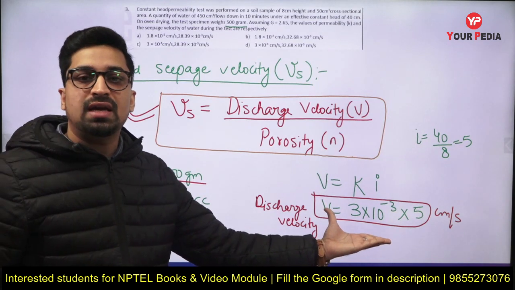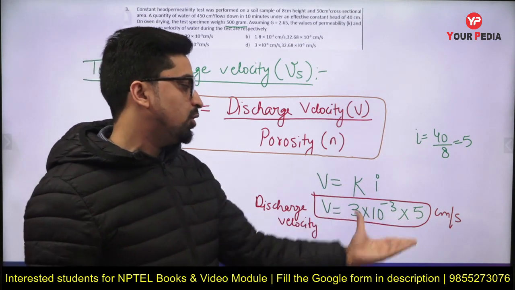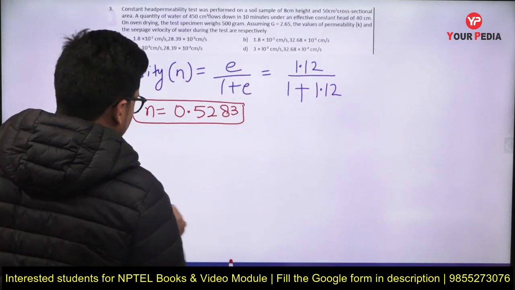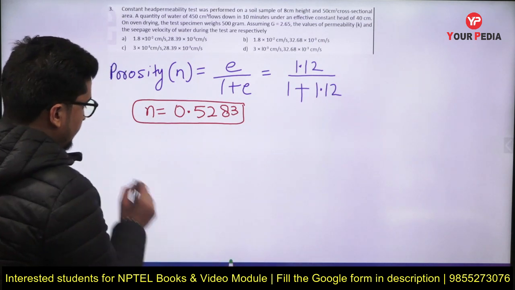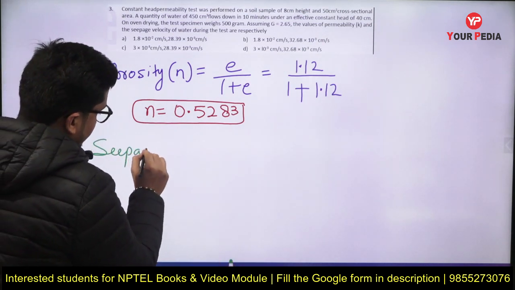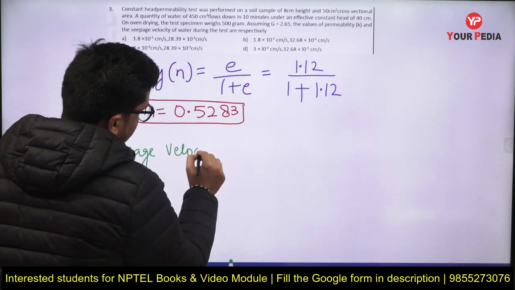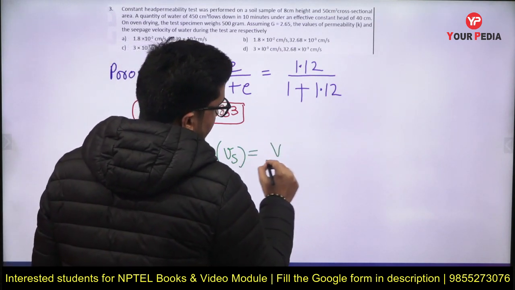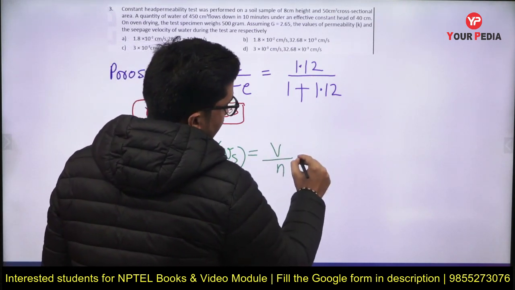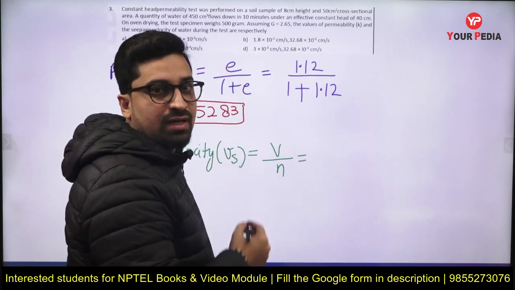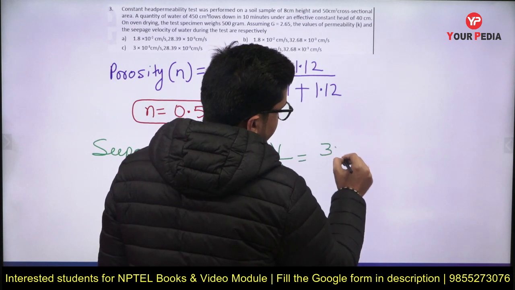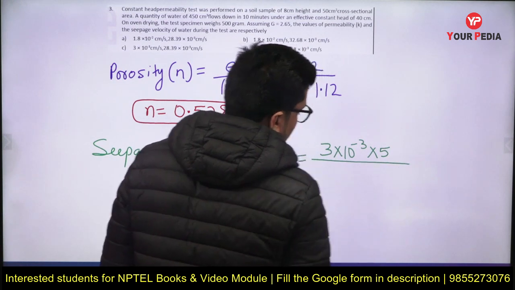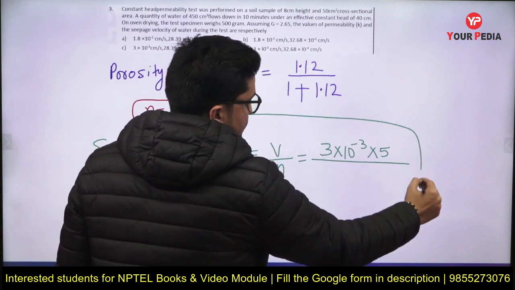Discharge velocity V we have just calculated in the previous part of this question as 3 into 10 to the minus 3 into 5, and this was given by Darcy's law, and the porosity we have just calculated as 0.5283.